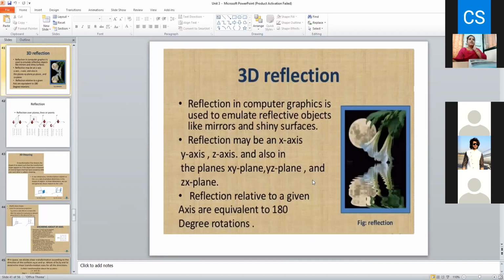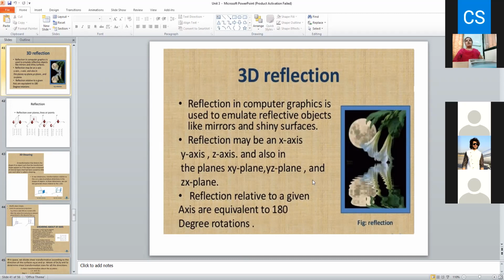Then comes 3D reflection. So what about 2D reflection? 2D reflection is carried out in 4 cases. First is reflection about x, reflection about y, reflection about y equal to x, and reflection about y equal to minus x.